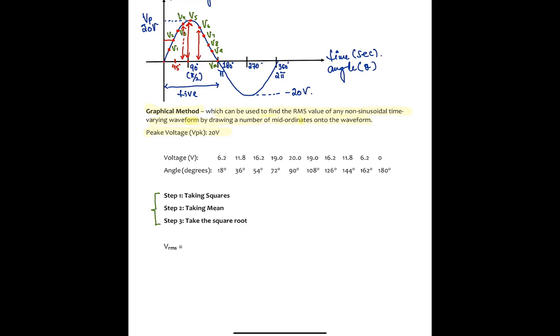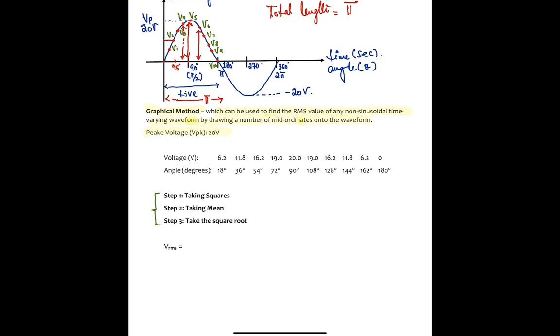This whole thing represents pi, right? This is 180 degrees. One complete positive half wave is basically pi. So the total length that we are looking at is equal to pi.